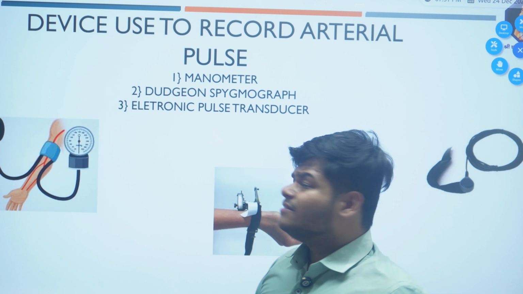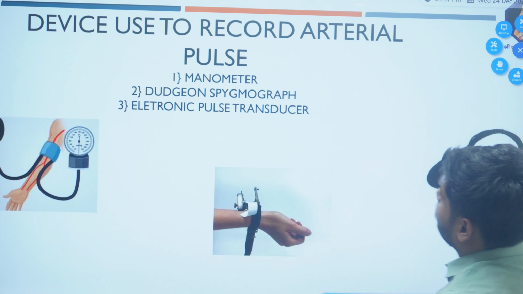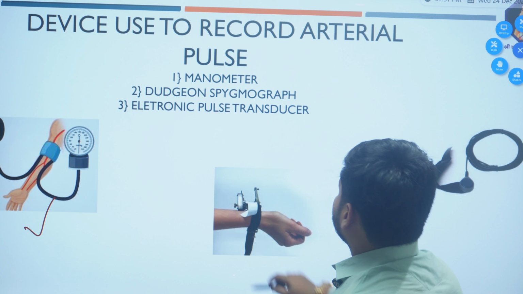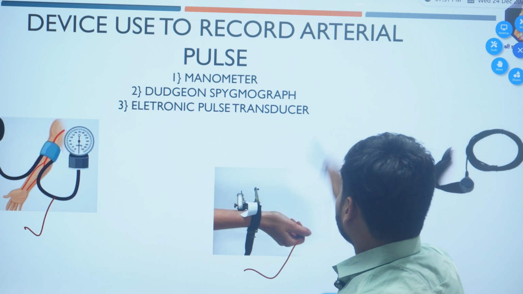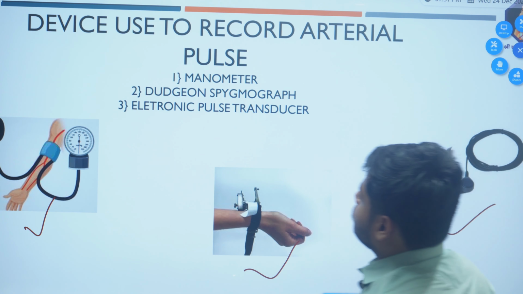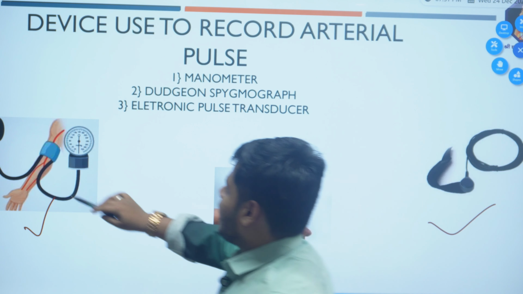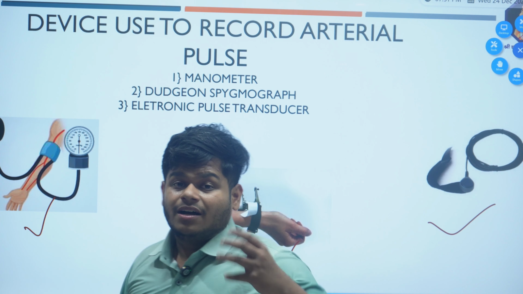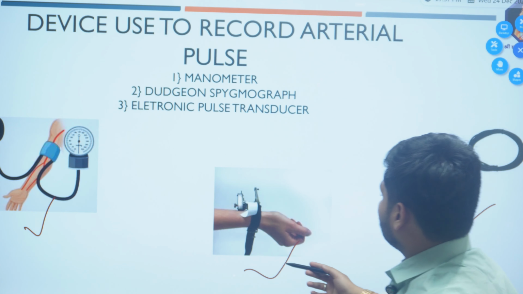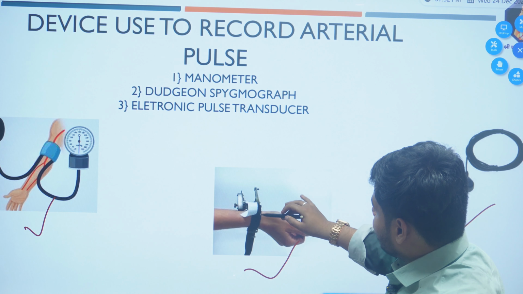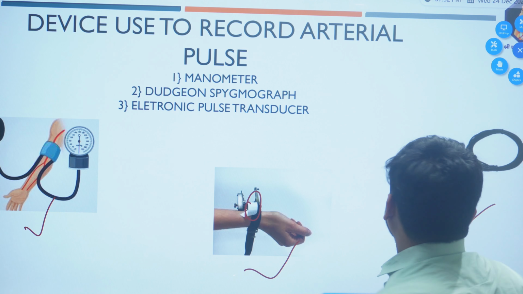Now, devices used for recording arterial pulse. There are three main devices. First one is the manometer, second one is Dudgeon's sphygmograph, and third one is the electronic pulse transducer. The manometer has a cannula, it is fixed here, and with the help of this your pulse is checked. This is also a sphygmograph. Here the pulse is checked and it is recorded on this paper.